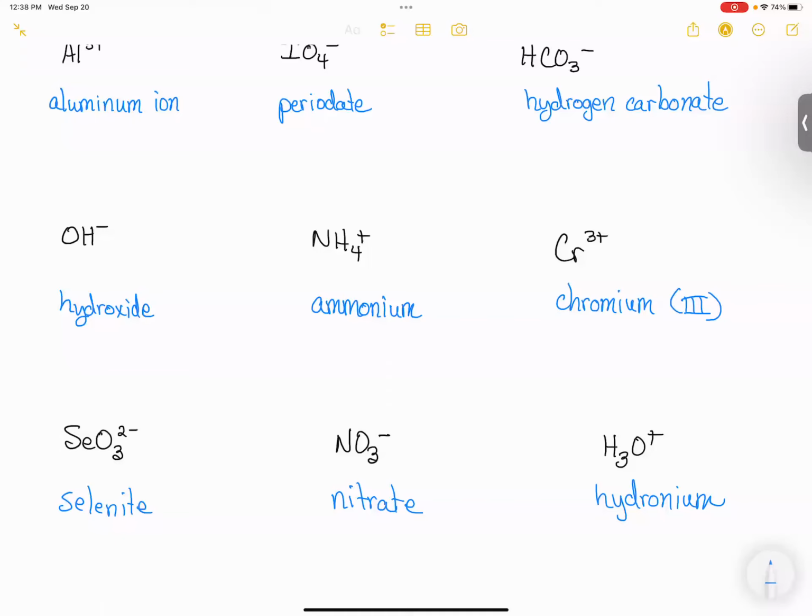Peroxide is a thing. Carbide is a thing, but not carboxide per se. There actually is something called carboxylate, but that's different.